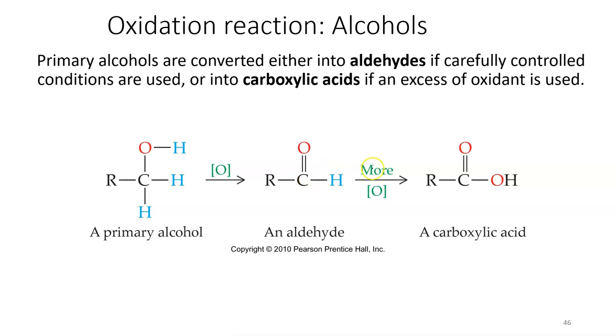We can do an additional oxidation where we replace this hydrogen with an OH group, a hydroxide group. So it's an alcohol functional group, but it's attached to a carbon that's already attached to a double bonded oxygen. And that's called the carboxylic acid functional group. So this can go through multiple steps of oxidation to give the final oxidized form of the carboxylic acid here.